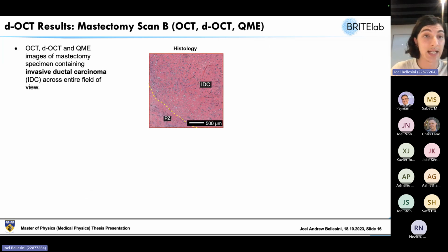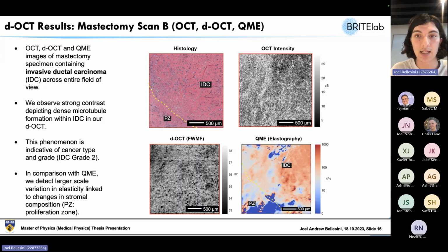Cool. So moving on to our next case. This was another mastectomy scan of a region containing invasive ductal carcinoma over the entire field of view. And what we can see when I introduce OCT, dynamic OCT, and also QME, this was also a case where we took a quantitative microelastography scan for comparison, is that we can see strong contrast introduced in our dynamic OCT corresponding to dense microtubule formation, which are the small purple microtubules that are visible in histology, which we can detect in dynamic OCT as regions of lower frequency, which were previously undetected in OCT.